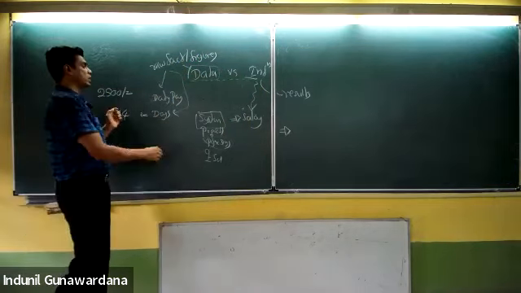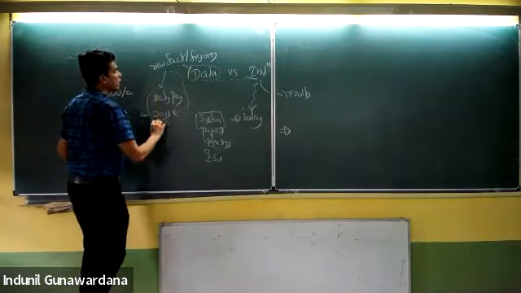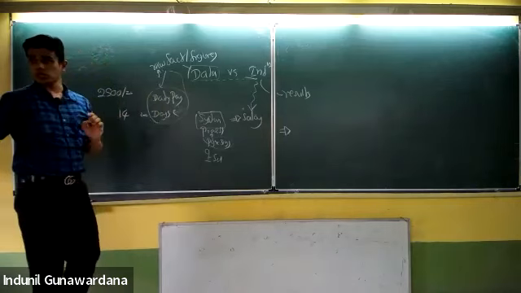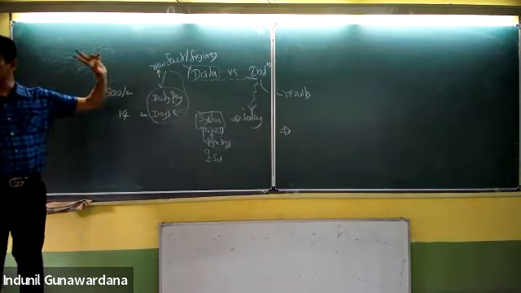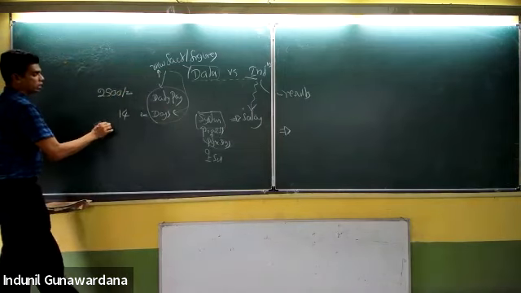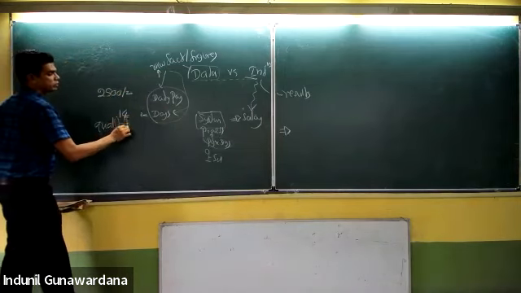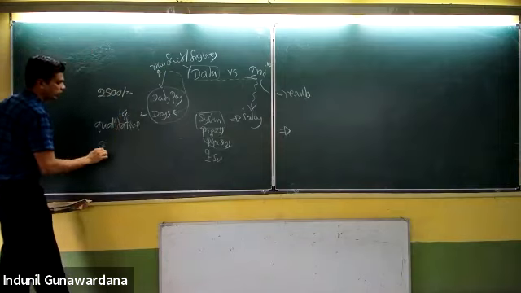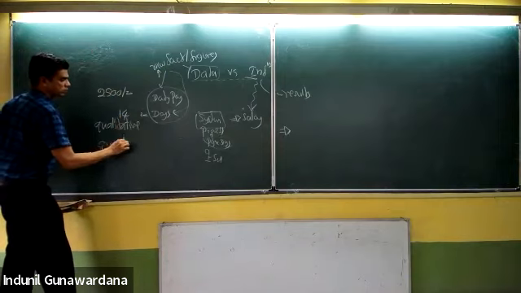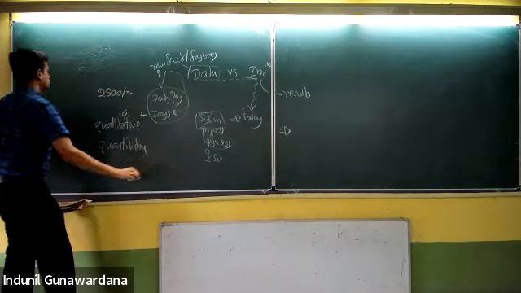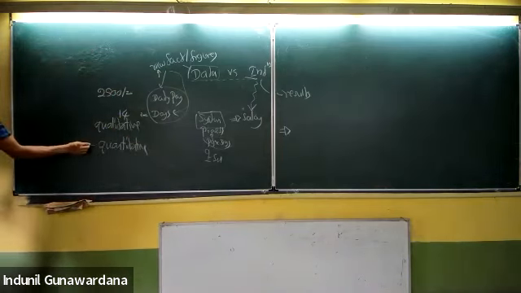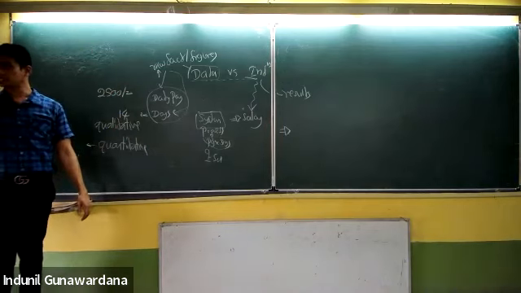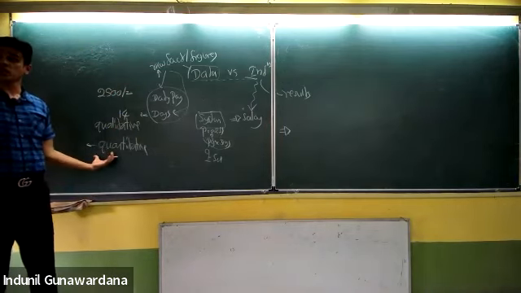Right. Then next thing is, with respect to data, the raw values, raw facts, we categorize them into two categories: qualitative data as well as quantitative data. What is quantitative data? We know that, we did it.